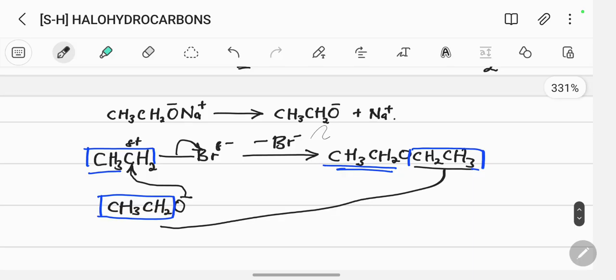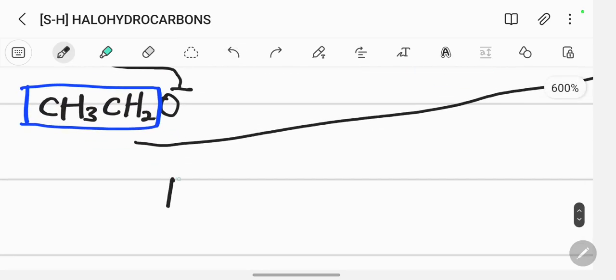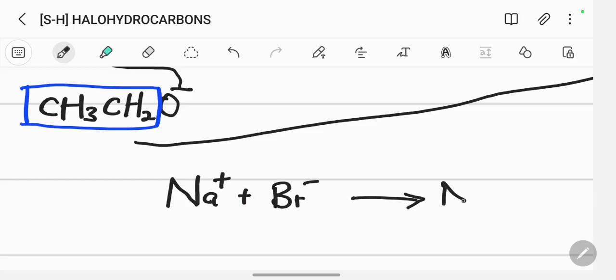So now the lost bromine and the sodium are going to react. It's sodium ions and the bromide ions reacting to form sodium bromide, like that.